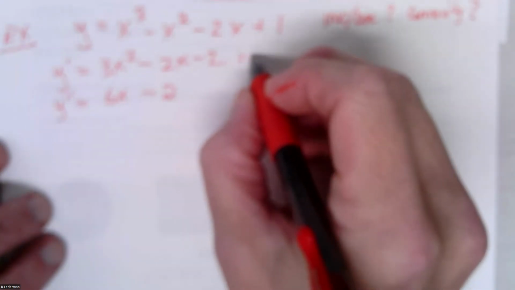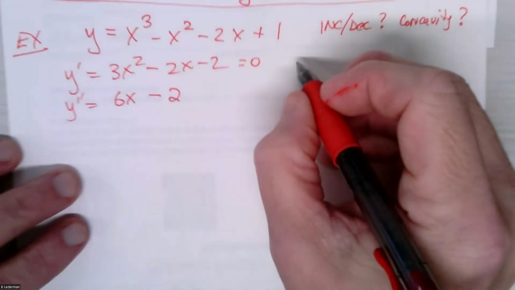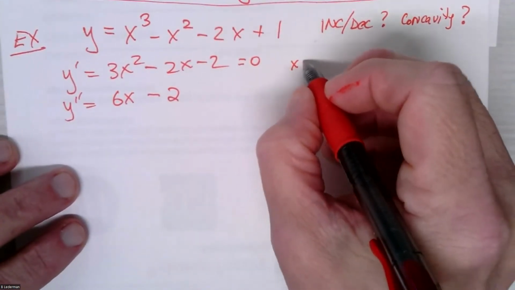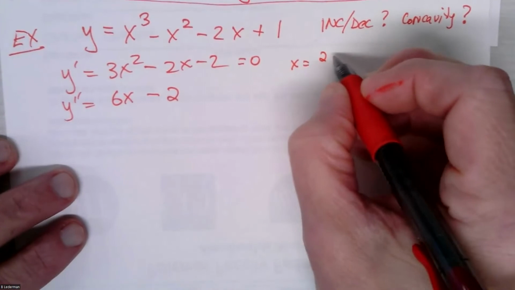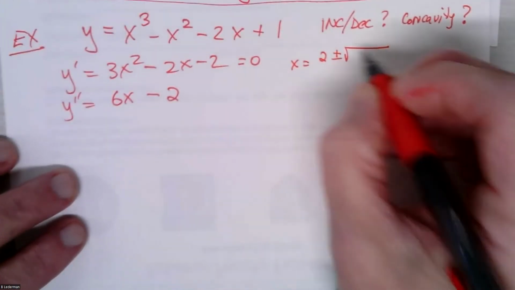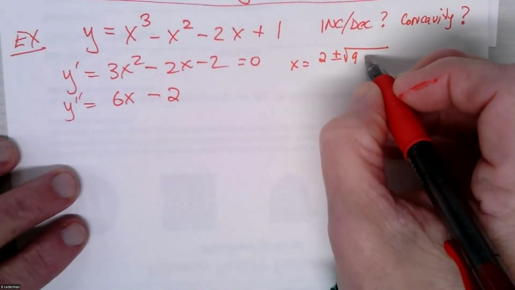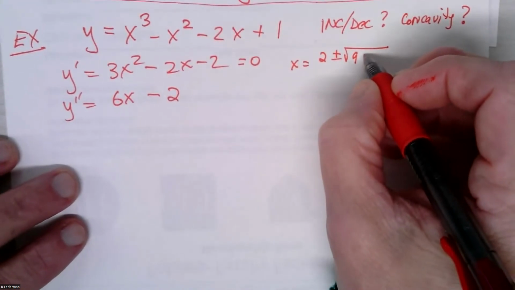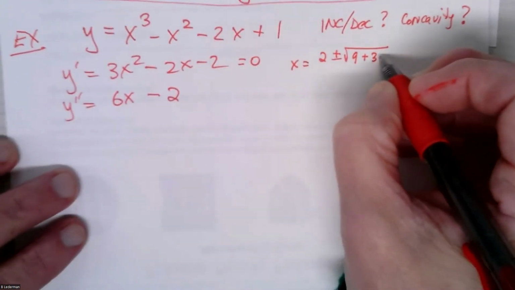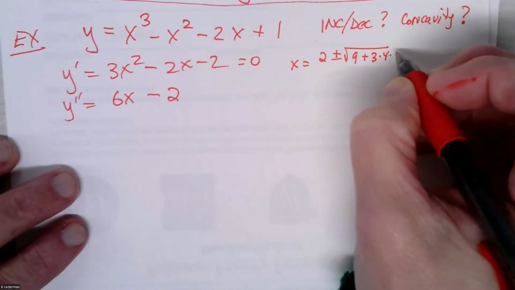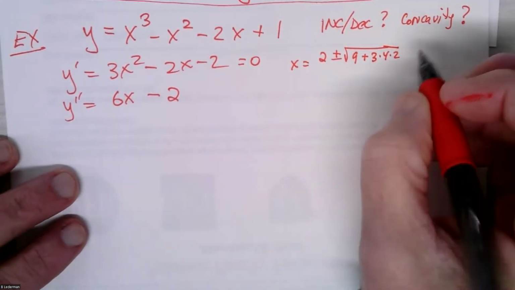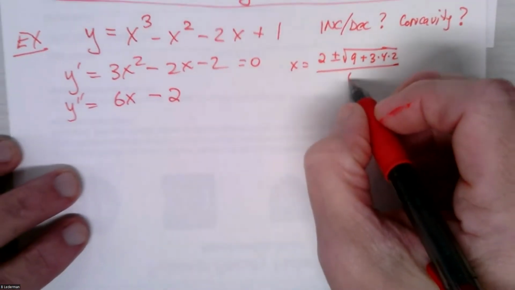3x squared minus... okay, now 3x minus this, I want to find the critical numbers. So I'm going to set the first derivative equal to 0. And that tells me that the critical numbers are going to be when x is equal to 2 plus or minus the square root of 9 plus 3 times 4 times 2, over 2a, which is 6.